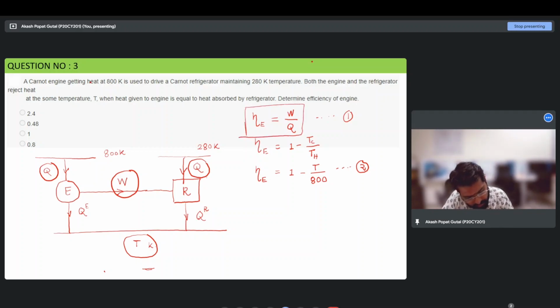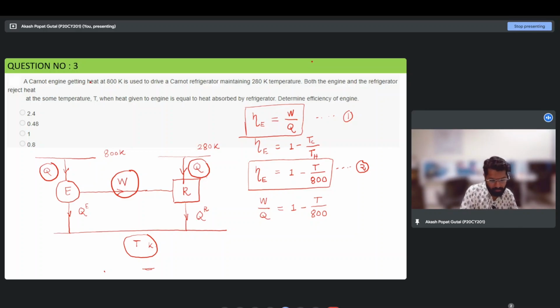So we can equate these two, because the left hand side is the same. We get W by Q equal to 1 minus T by 800. The main goal is to calculate T and put it in this equation, and we will get the answer. This is our important equation.